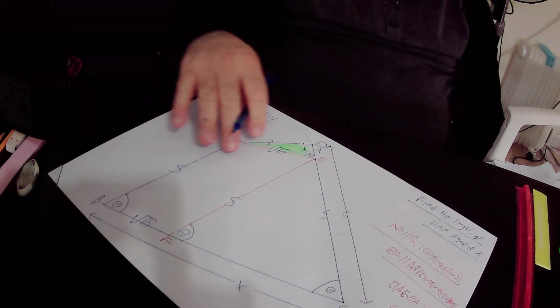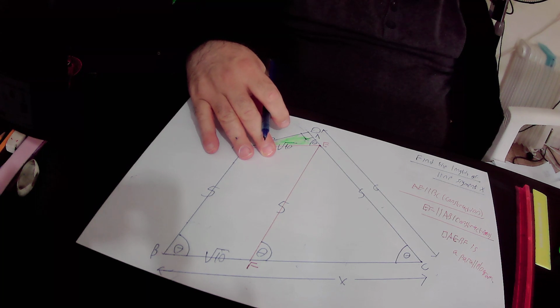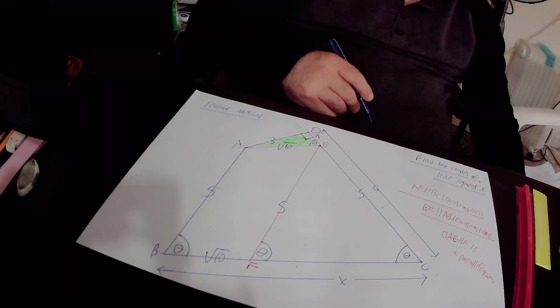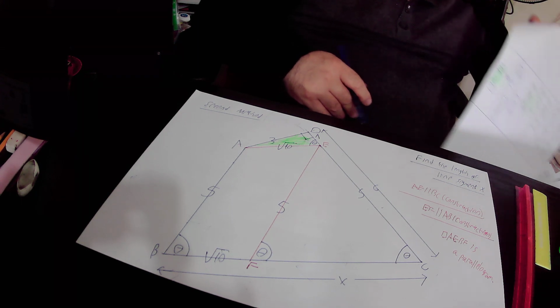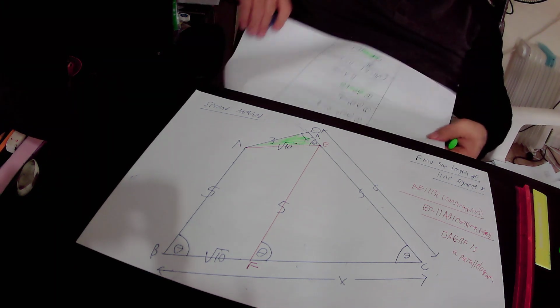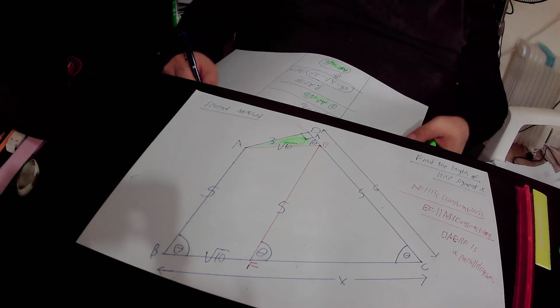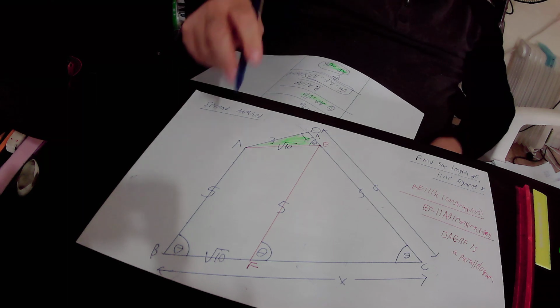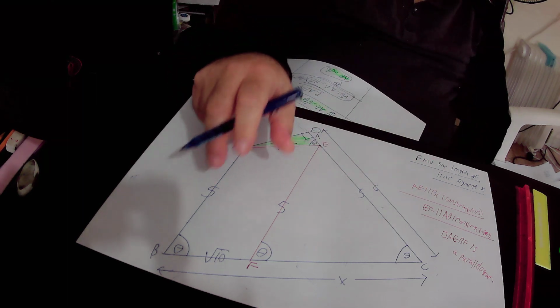And what is the value of line segment FC? It is very easy to see from the drawing that FC equals BC minus BF.